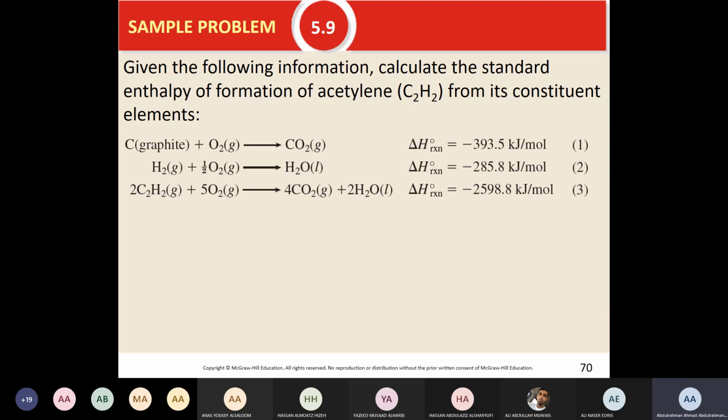I want to combine now Hess's law and heat of formation. First, I want to know what's the reaction that represents the heat of formation of C2H2. How can I make C2H2?